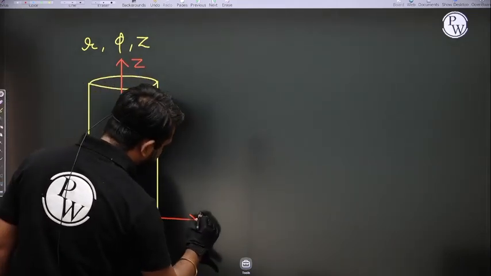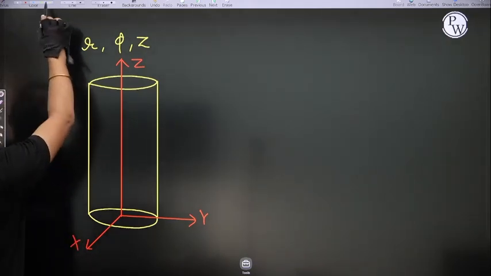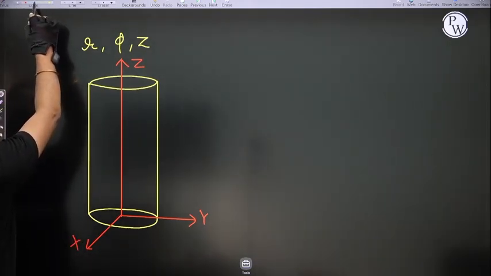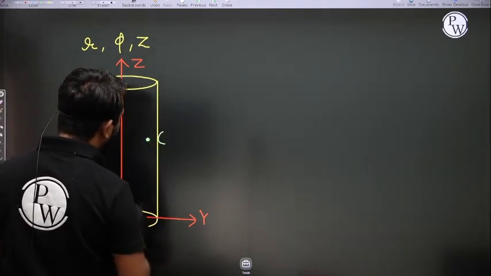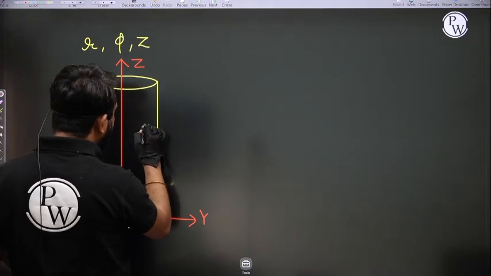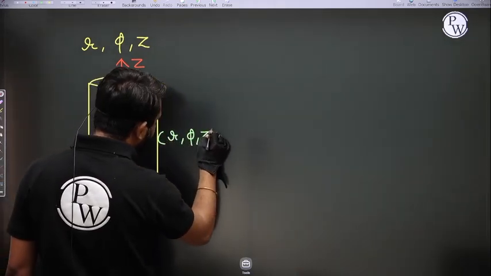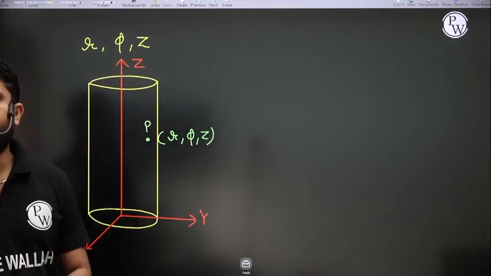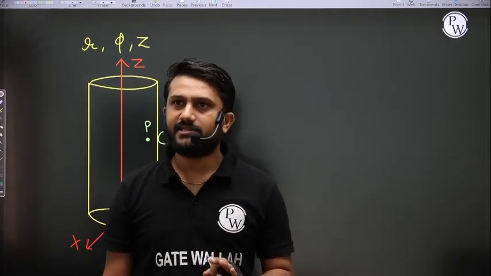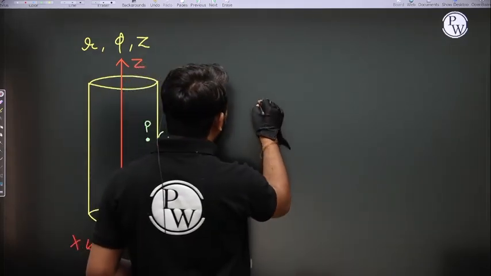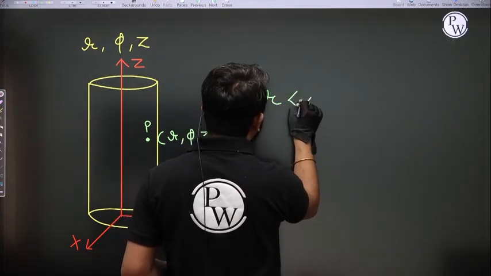Z, Y, X, right? And I want to locate a point in a cylindrical coordinate system, right? So this point is P. So what parameters are required? R, phi and Z. So first parameter that is required is the radial distance. And what is the limit of r? The limit of r is 0 to infinity.